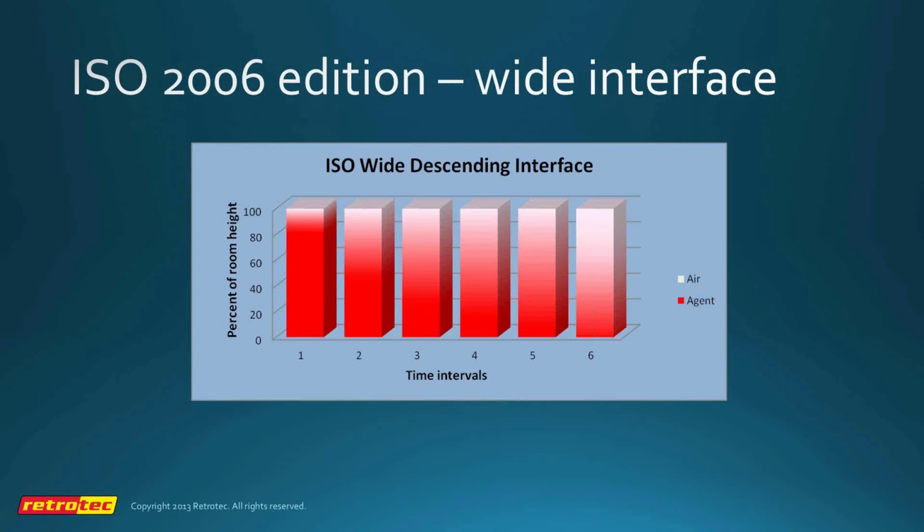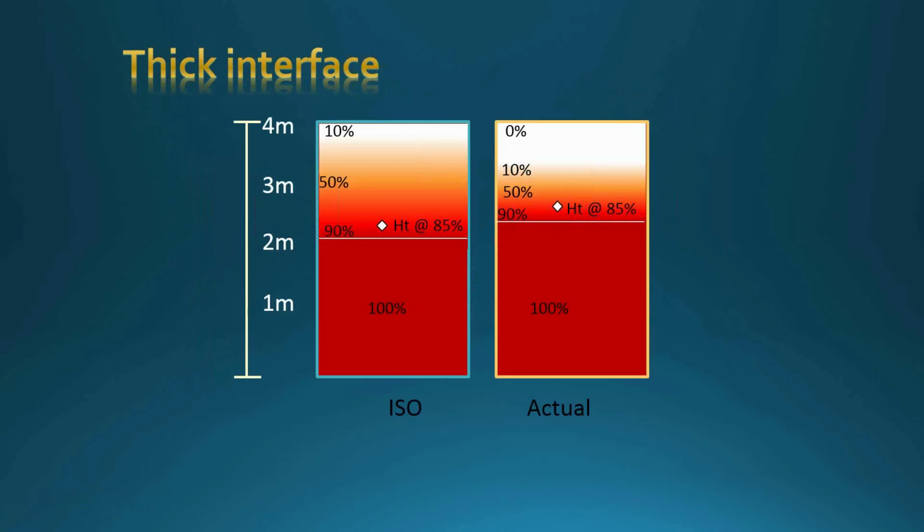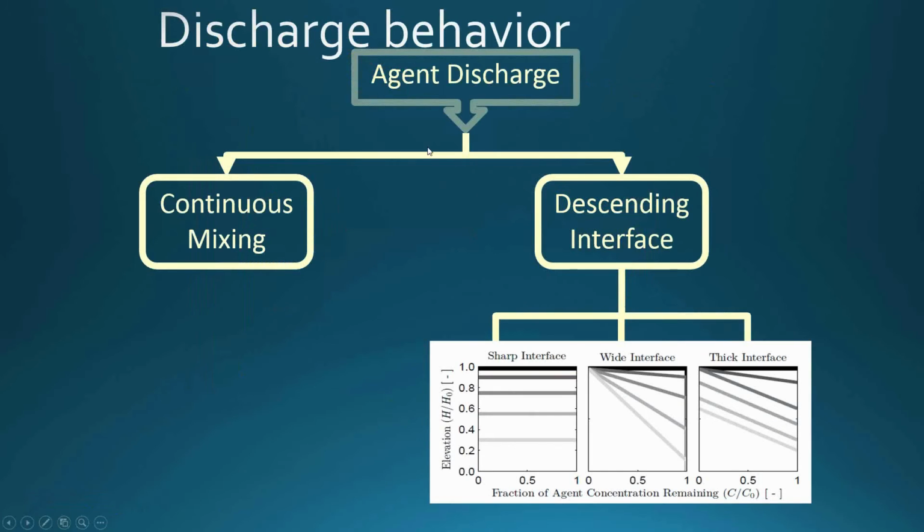But the cooling effects that we had both with inerts and with halocarbons drastically affected the way the interface formed and the effect of the interface, such that particularly with halocarbons, there was so much contraction in the enclosure that for the first 4 or 5 minutes there was virtually no agent loss at all. Very, very small amount of agent loss compared to what the equations assumed. So as we will see later, that had a big impact on the results.